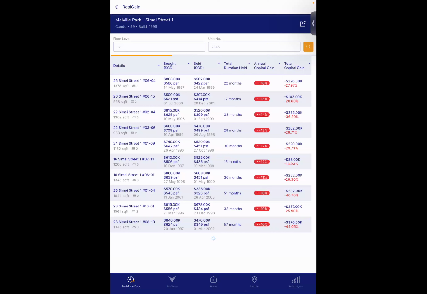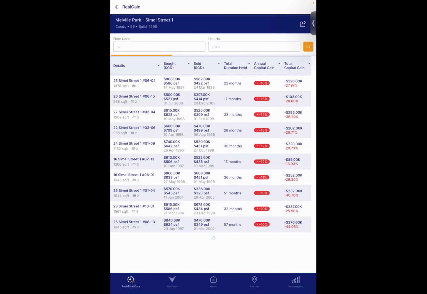So you can see all these, they lost money, but they didn't hold on long enough. After 3-4 years they sell off and lose money. They bought in the 90s. Take for example the first one: 97 buy, 99 sell. Maybe financial crisis time, everybody sold, that's why all lost money.